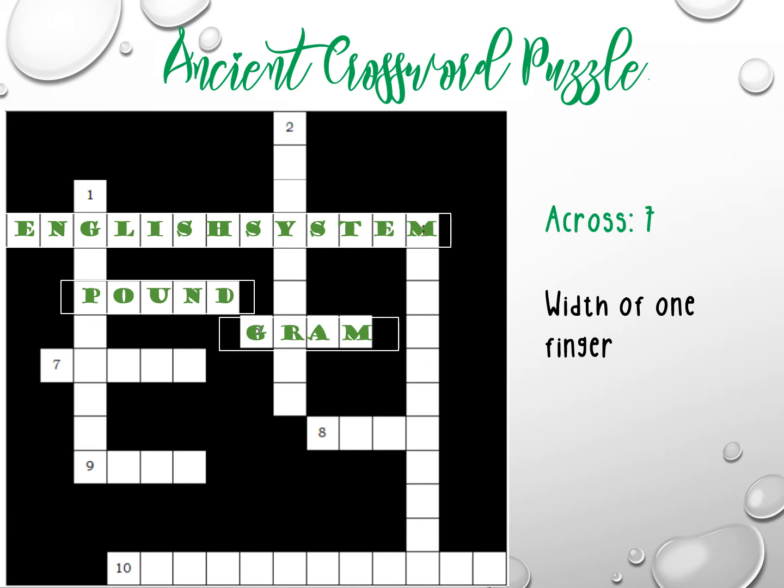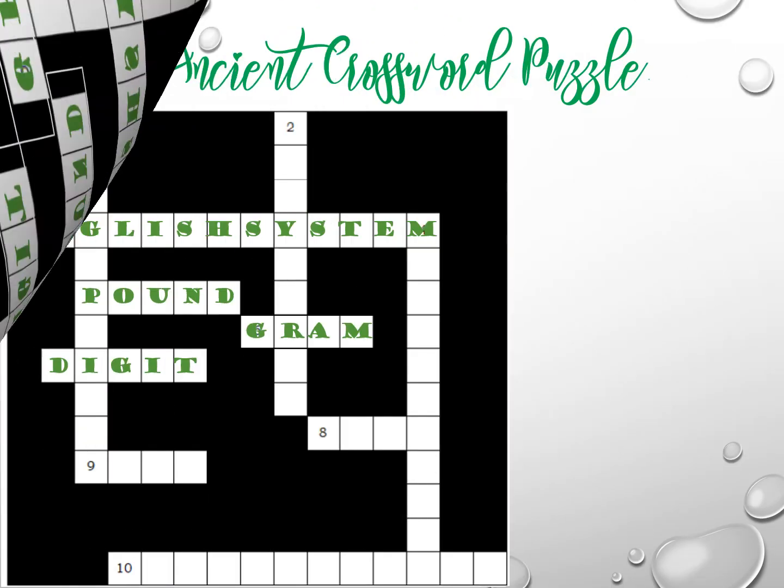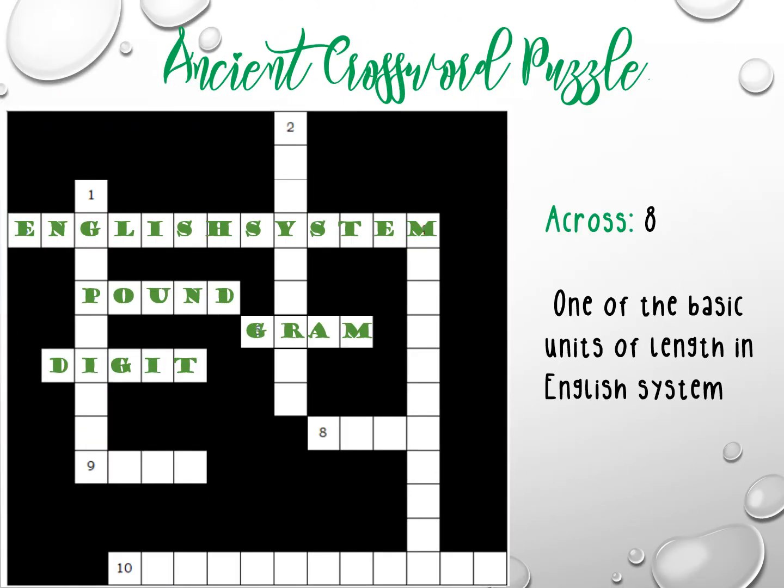'Di ba sinabi ko yun kanina? Anong tawag doon sa width ng one finger? Yes, the answer is digit. Next one, across 8. One of the basic units of length in English system. So that is 4 letters. The answer is mile. Very good.